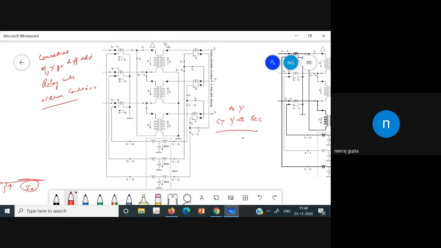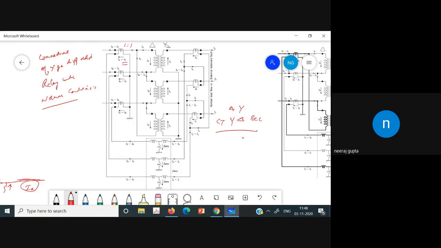This current IA minus IC is the line current, and it is reflected on the secondary side of the CT. Let us assume a 1:1 ratio of primary and secondary for study purposes. From the secondary we have IA minus IC.